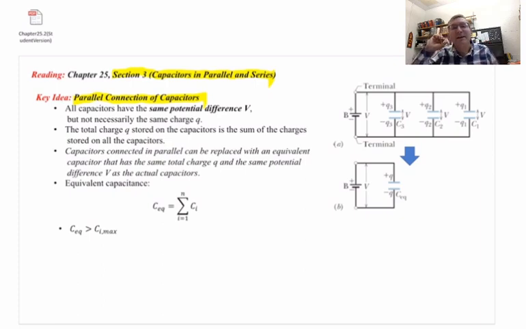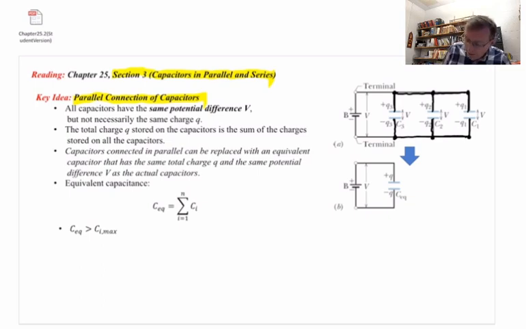And the way you know they're connected in parallel is that the leads or wires coming out of one terminal, the top one right here for each one, are all just connected together with conducting wire like that. And then separately, the leads or wires coming out of the bottom plate of each capacitor are also connected directly together with no other circuit element in between them.